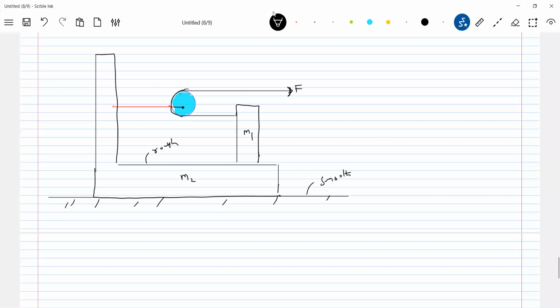Okay, now he's asking, the surface smooth. Find the maximum force F for no slipping between the block and the L-shaped rod. What is this? There's an L-shaped rod.